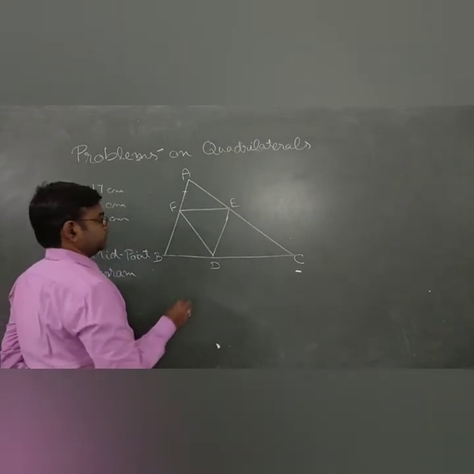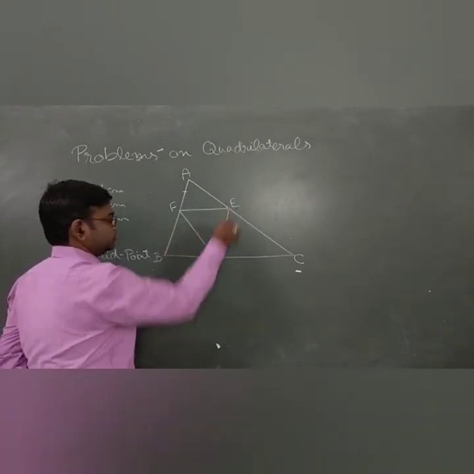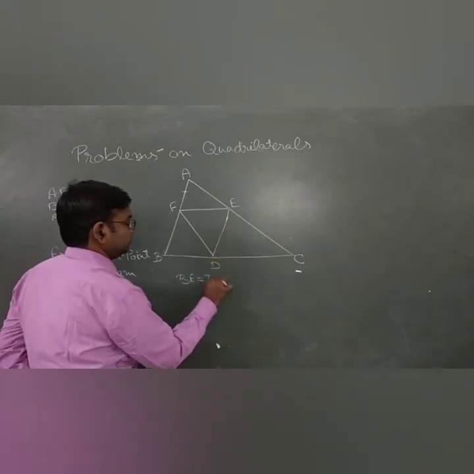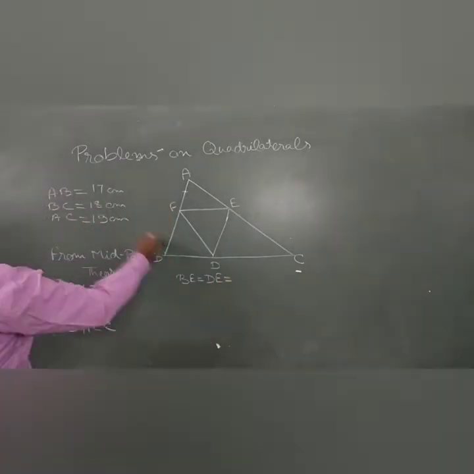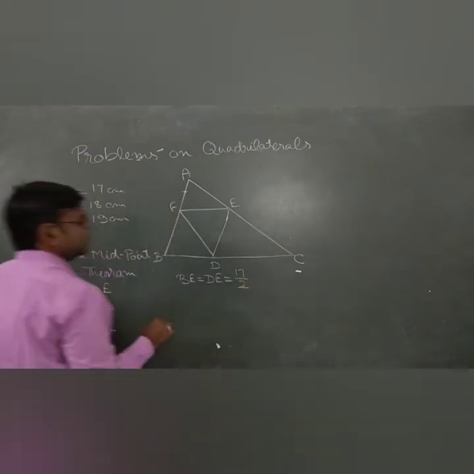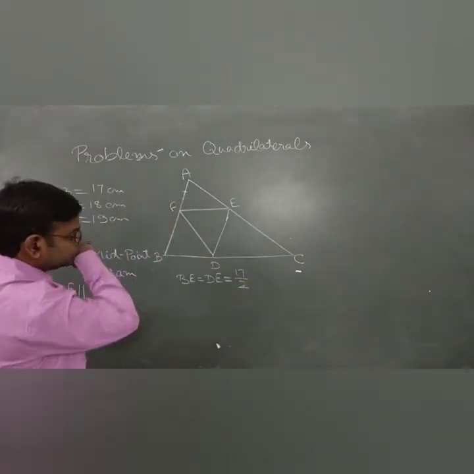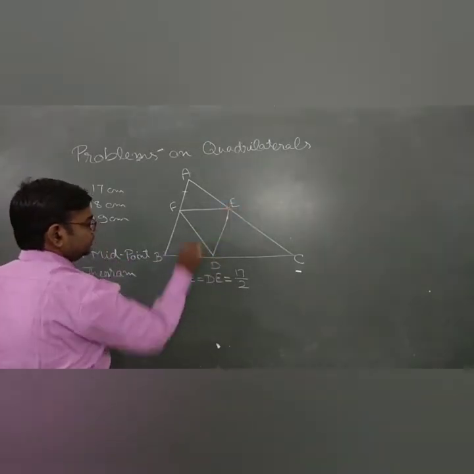Now come to this side. As we know that in a parallelogram BF equals DE, therefore we can say this is half of AB, so it's 17 upon 2. Then come to this side.